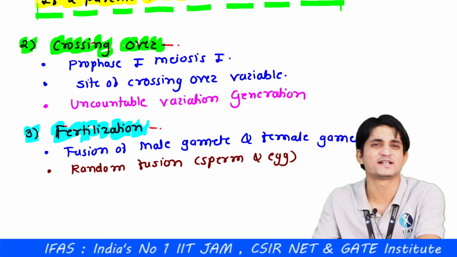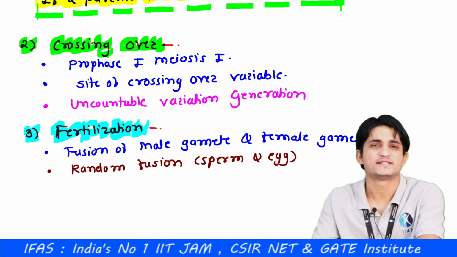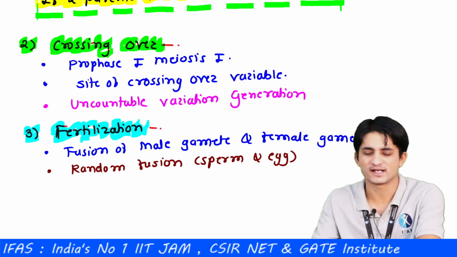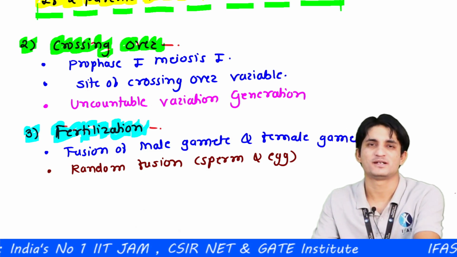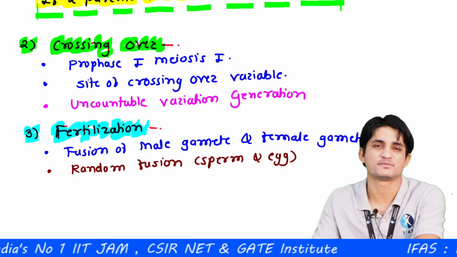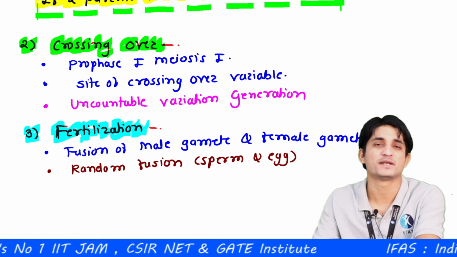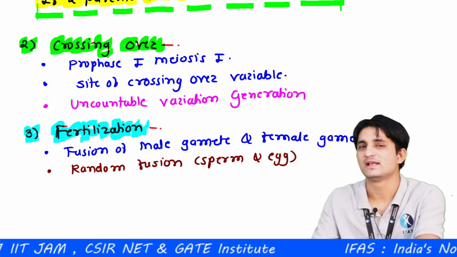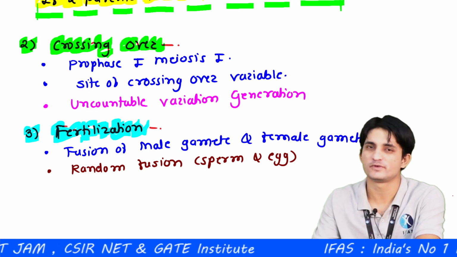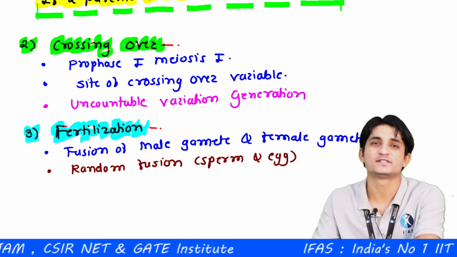So that is the major reason in between sexual and asexual reproduction, that in sexual reproduction clone production is not possible, because millions of uncountable variable gametes are produced, and every time when the egg fuses with the sperm, every time new gametes fuse, and therefore every progeny is variable.